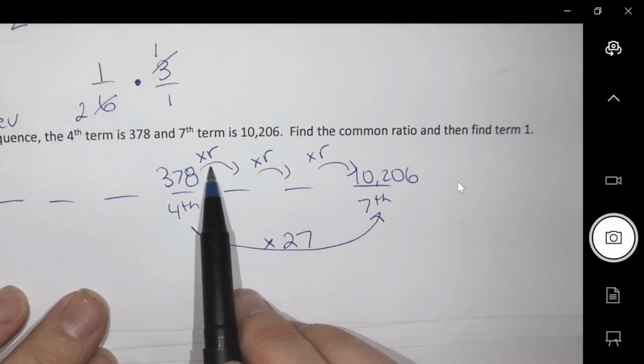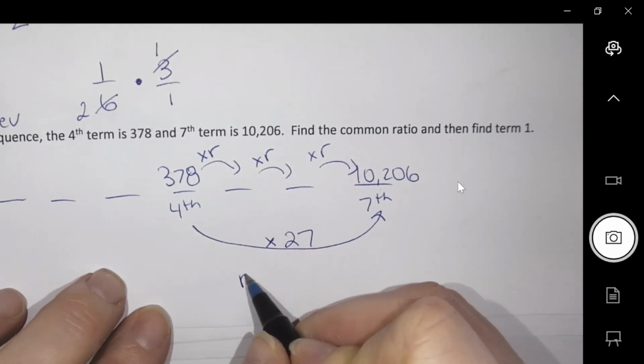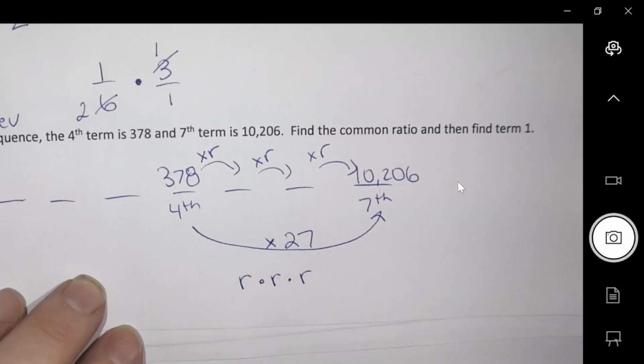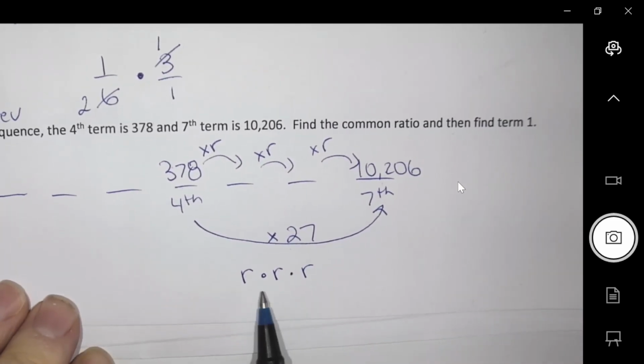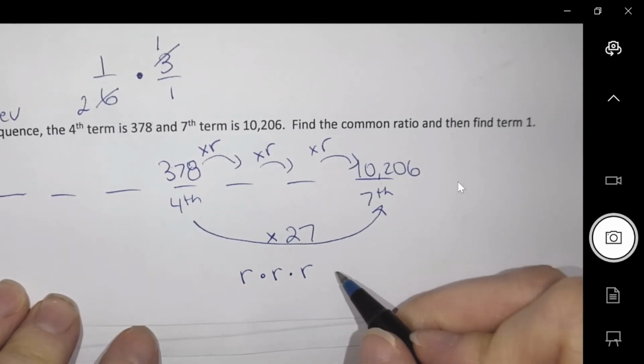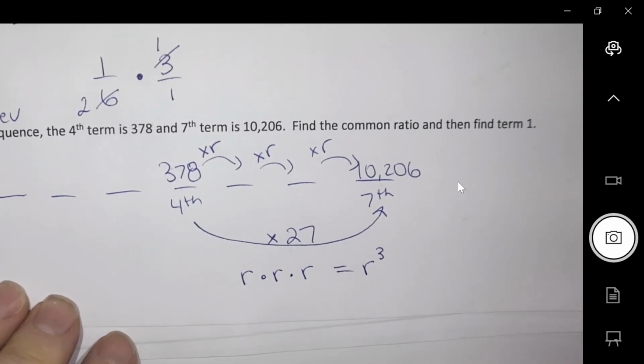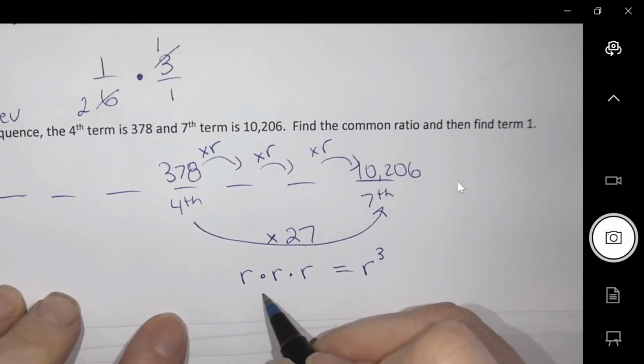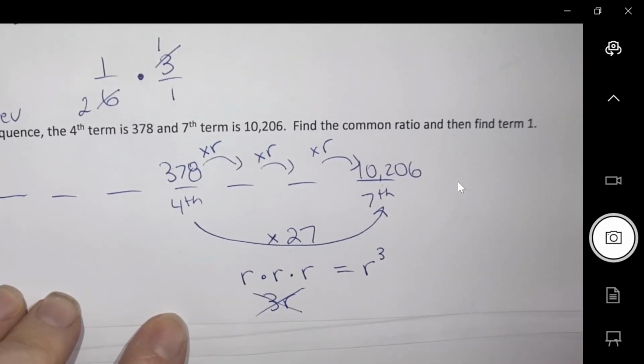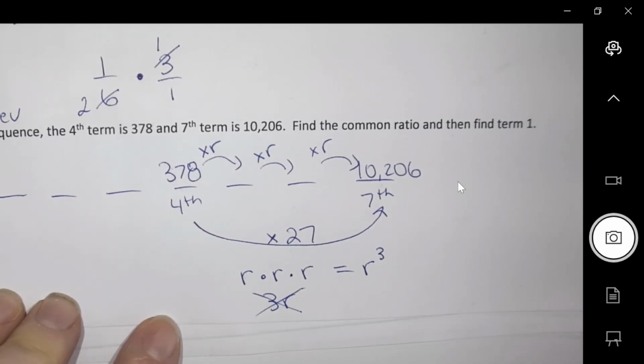What is going on when I do an r times an r times an r? What's the same math as doing that? Exponent. This is not 3r. r plus r plus r when we did the arithmetic sequence was 3r.